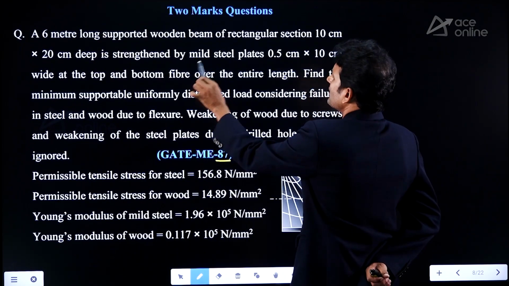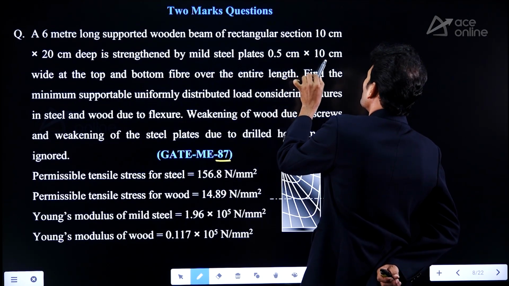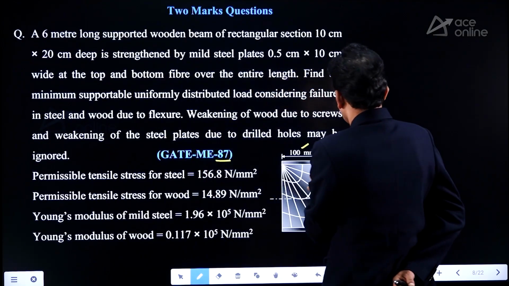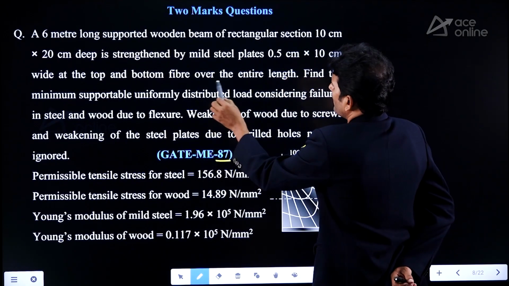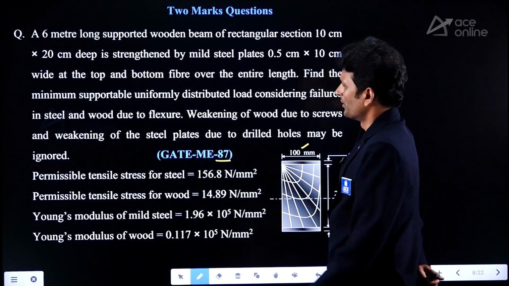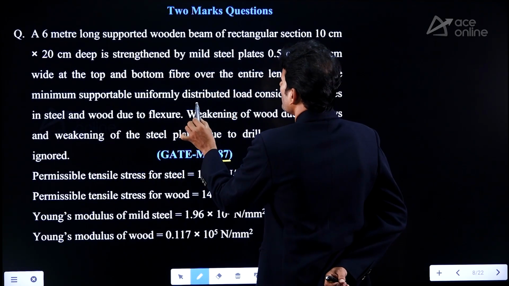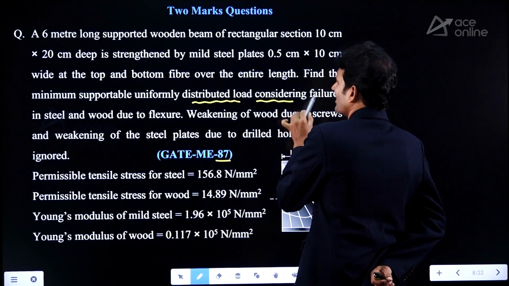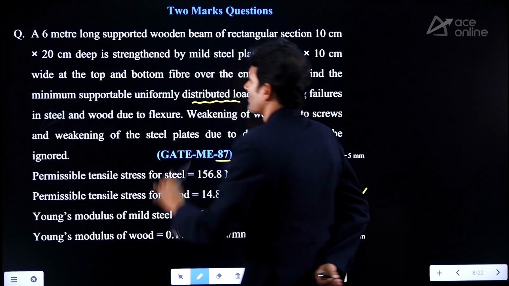Is strengthened by mild steel plates 0.5 centimeter by 10 centimeter wide at the top and bottom fiber over the entire length. Very good. Find the minimum supportable uniformly distributed load considering the failure in steel and wood due to the flexion.